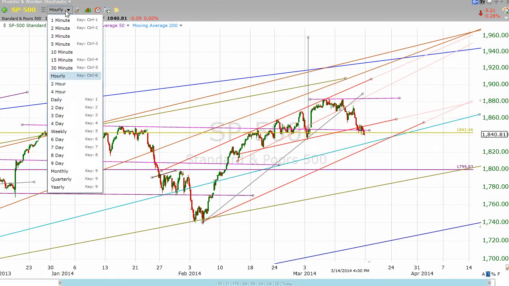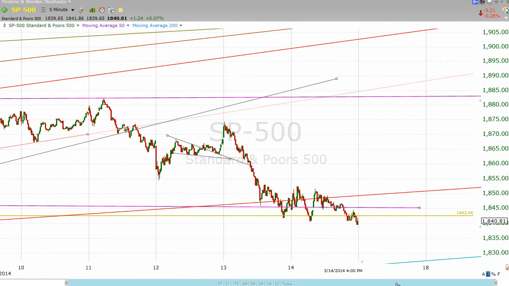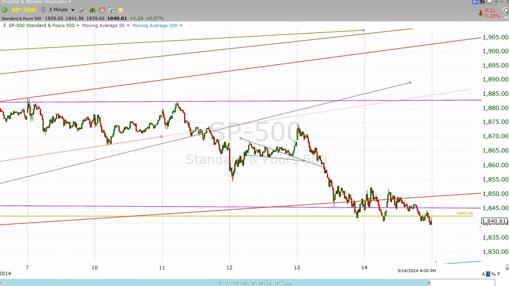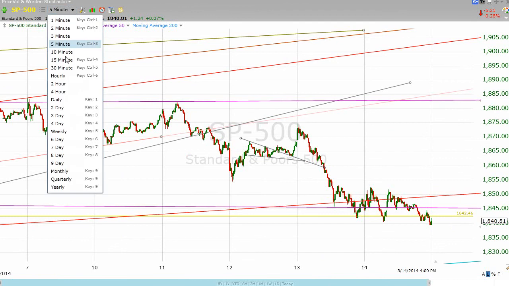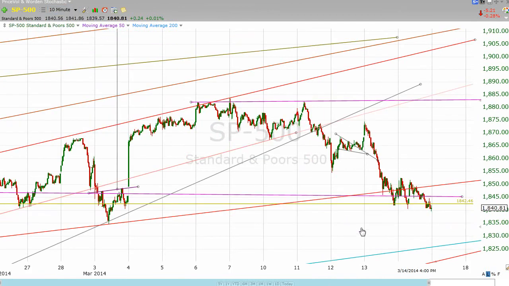If we look at things on a 5-minute chart, maybe a 10-minute chart will be a little bit better. You can see that we have a series of lows that line up pretty nicely right here.